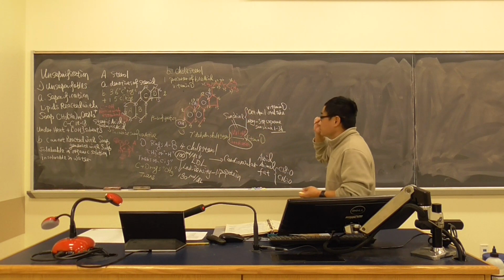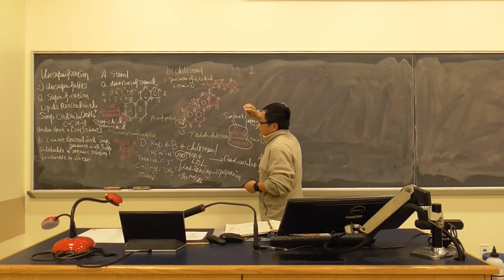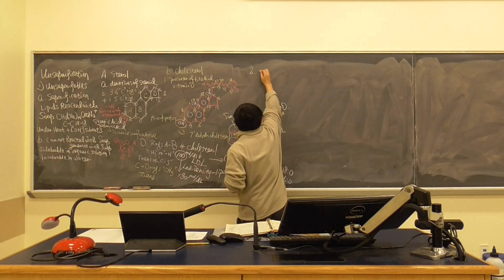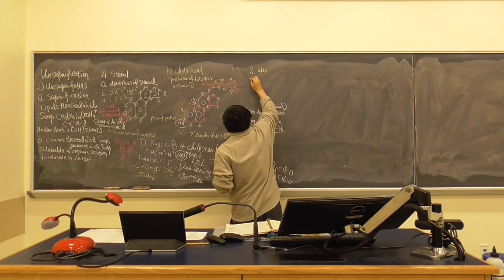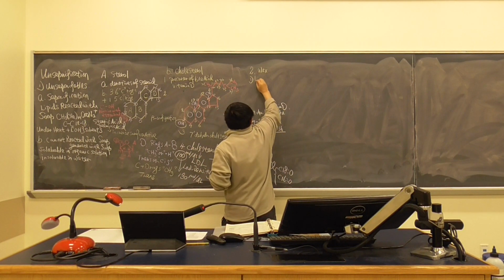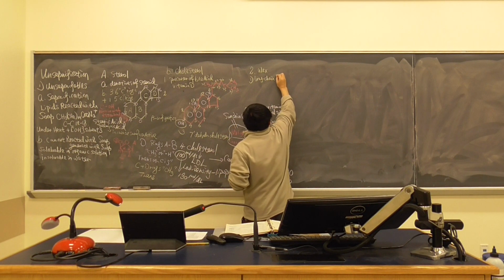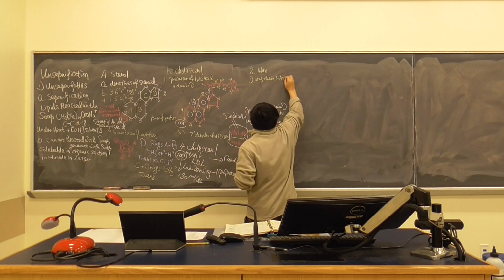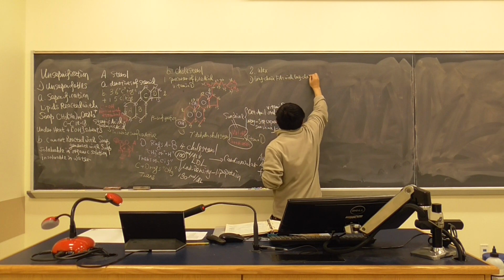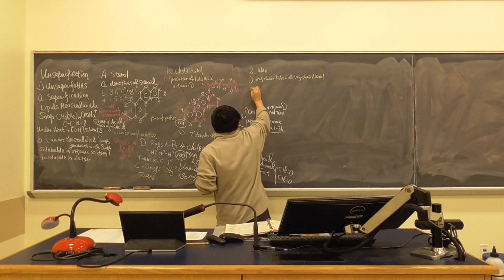So this is the cholesterol we talked about. And the second thing, also belonging to the unsaponifiable, is wax. So what is wax? Everybody has heard about that in your life. Wax is a very long chain of fatty acids with a long-chain alcohol.